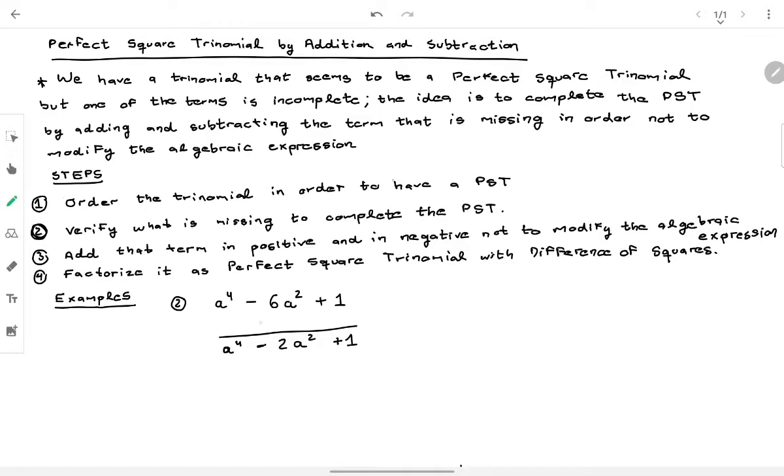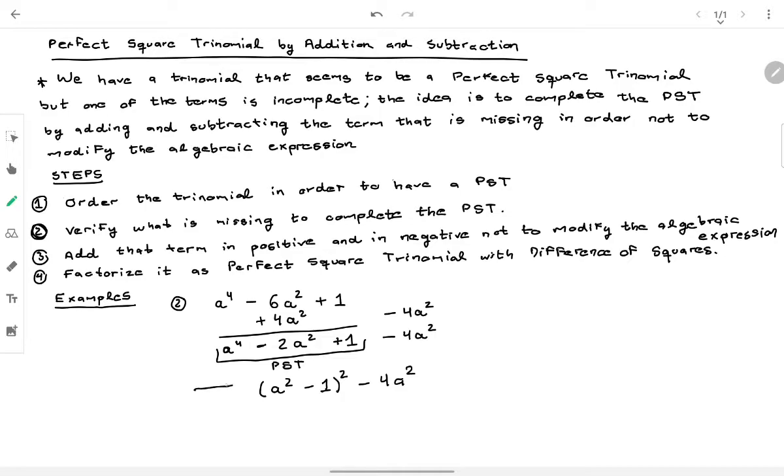So in this case, I need to add plus 4a squared. And remember, if I add them positive, I need to put it also negative way. So it's going to be minus 4a squared. In this case, this one, it's going to be the perfect square trinomial. So we can factorize it as a squared minus 1, all of it squared, minus 4a squared.